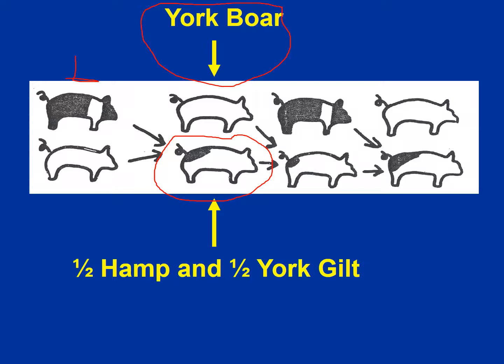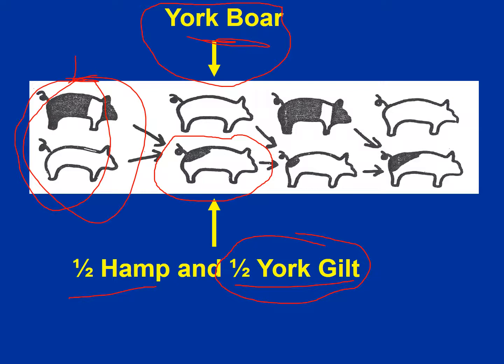So we've got a lot of gilts there, hopefully from this cross, and we can pick the best ones for the next generation. Now this gilt is going to be 1/2 Hamp, 1/2 York, because that's coming from these parents. So one problem with the 2-breed rotation is our boar is somewhat related to the gilt now, because the gilt is 1/2 York.